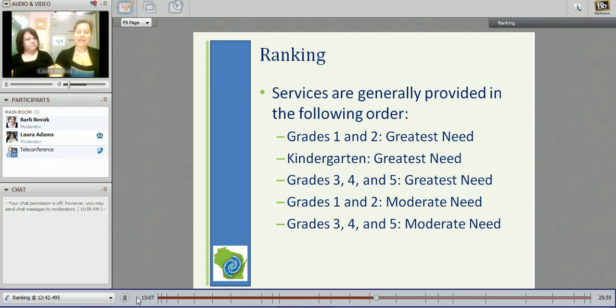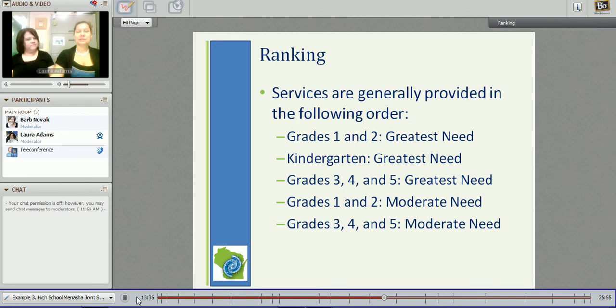And what you're seeing on this screen is the way that they rank students in order to provide services. And if you're familiar at all with Title I, then you're definitely familiar with this idea that you need to rank students in order to determine who you actually have the capacity to serve. Because of course we know that you may not have the capacity to serve all of your students.